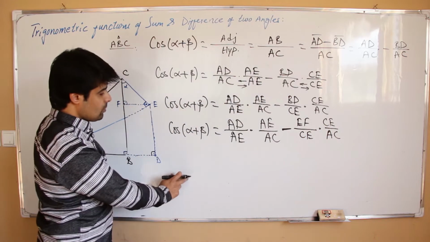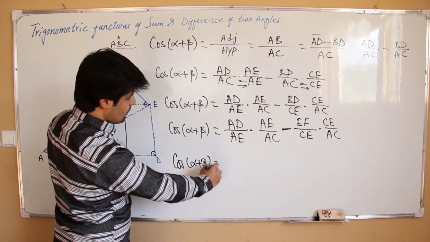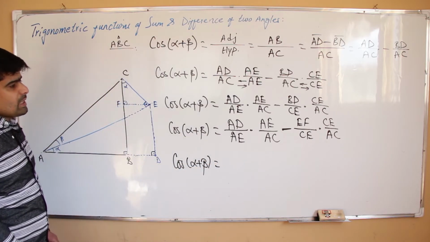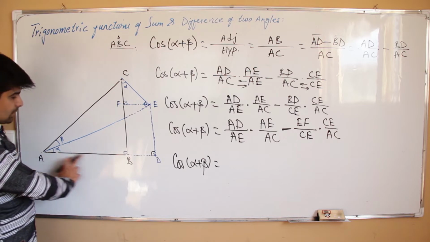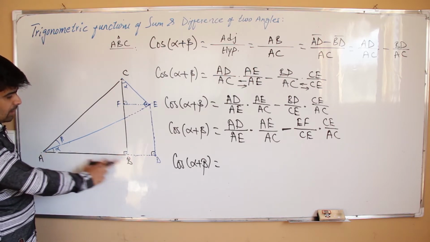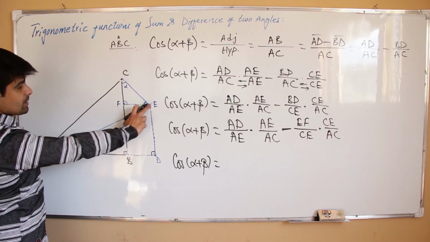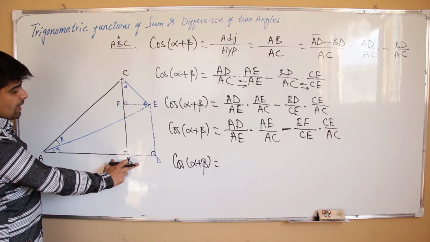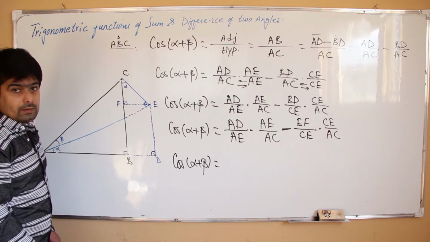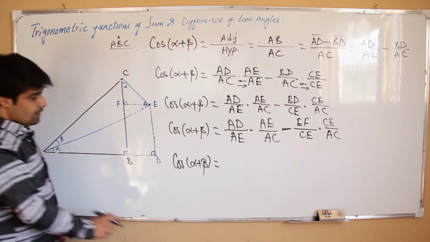Now look please. Cosine of alpha plus beta is equal to... What is AD? AD in the alpha triangle is adjacent. What is AE? AE is hypotenuse. Adjacent by hypotenuse, this is the definition of cosine. Cosine of which angle? Alpha.